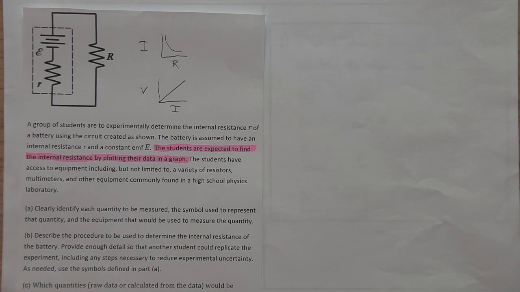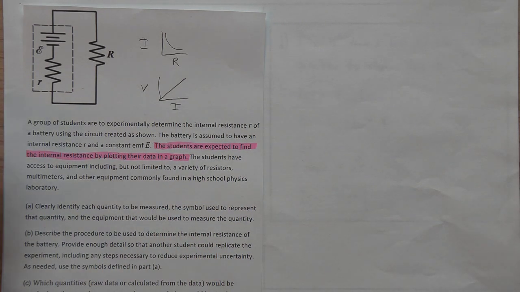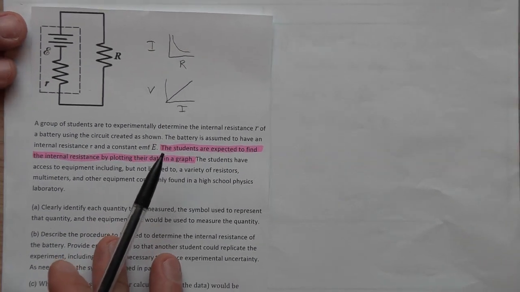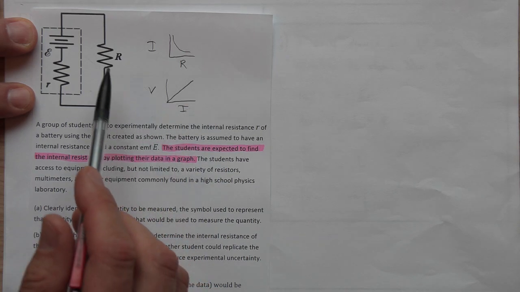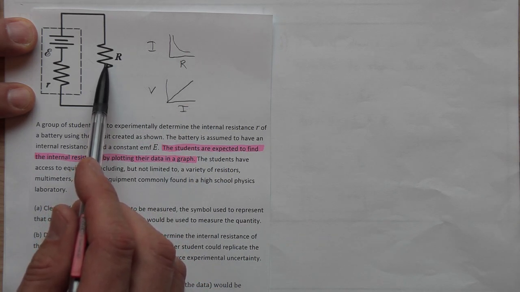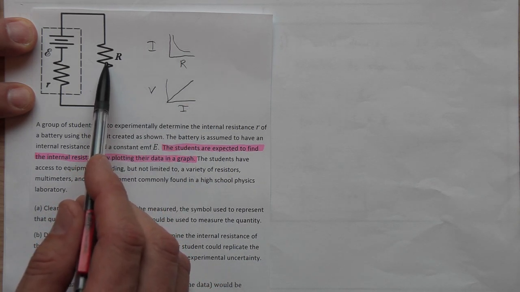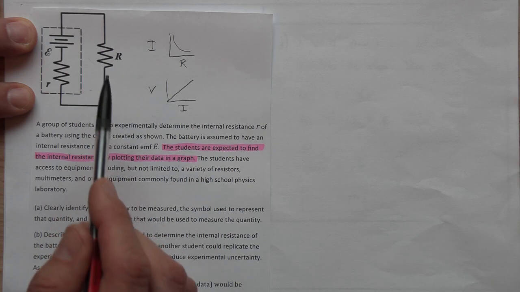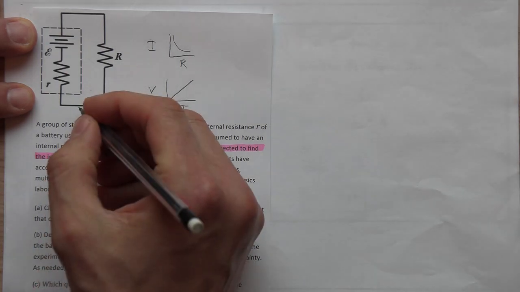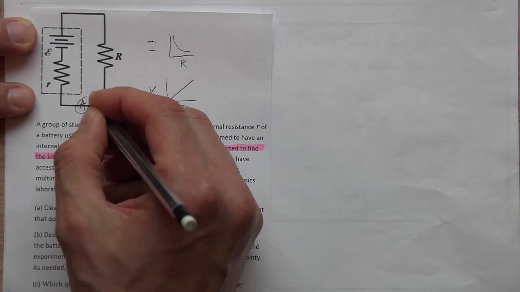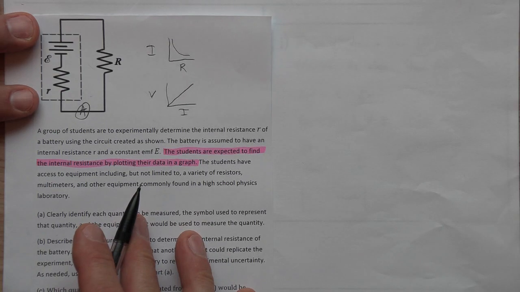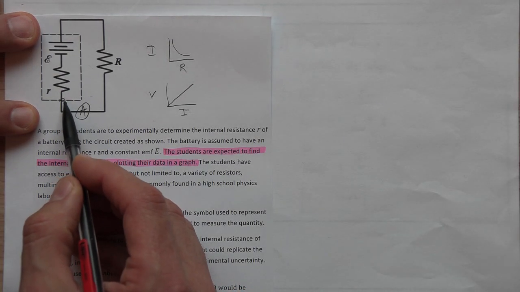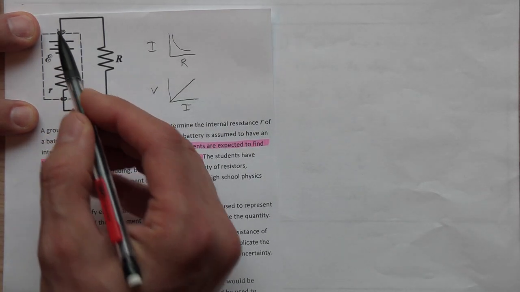All right, so more about how I am going to do this. What I could do is vary the resistance, which will vary the current. If I put in more resistance, I'll get less current. Less resistance, I'll get more current. I'm going to measure the current by putting an ammeter somewhere in the circuit, like maybe here. Then I'm going to measure the terminal voltage of the battery by putting voltmeter probes here and here.